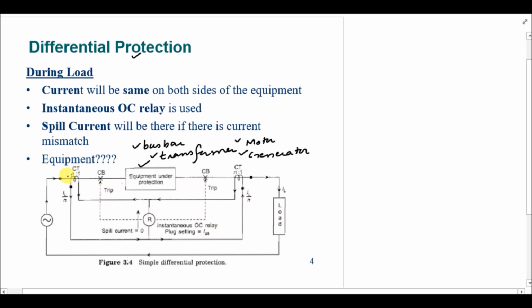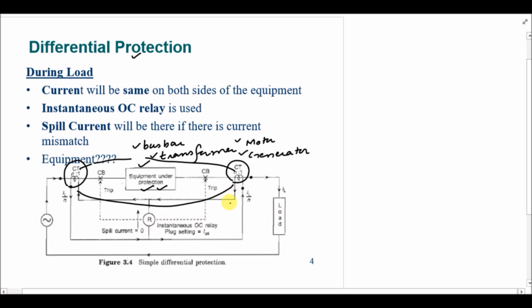And by using these CTs, we can easily compare the currents on the input side as well as on the output side of that particular equipment. So this is the equipment that is under protection, and we have two CTs, one after the equipment and one before the equipment, that is actually defining the zone for this protection scheme.